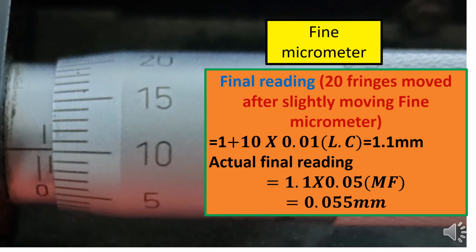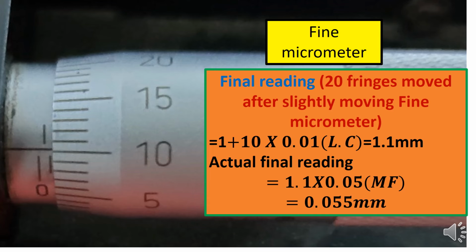Similarly, don't look at the He-Ne laser directly. You can see here now what the reading is. This one is complete, so the main scale is 1. On the circle scale, 10 is matching. So 10 multiplied by the least count.